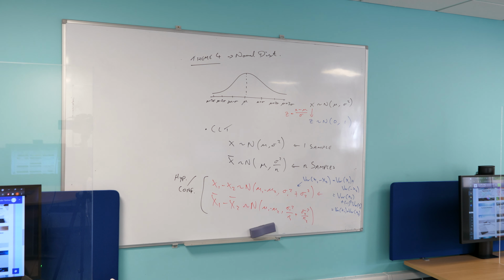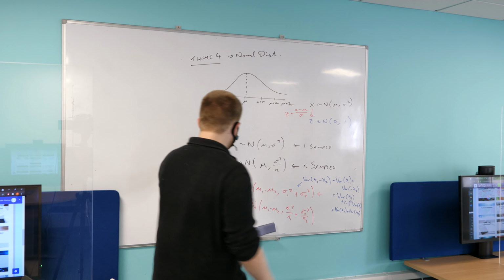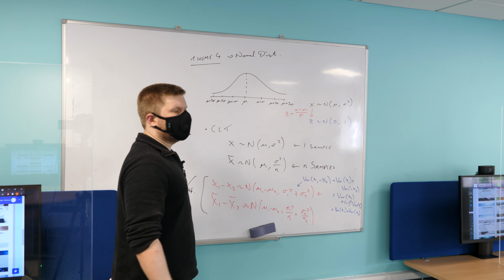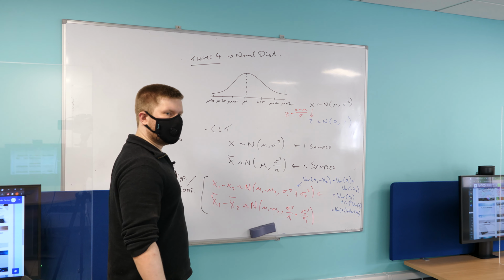Because usually in hypothesis testing, we're asking, can we find a difference in the means? Or can we test that the mean value is equal to a particular value based on this particular number of samples? Does that make sense?